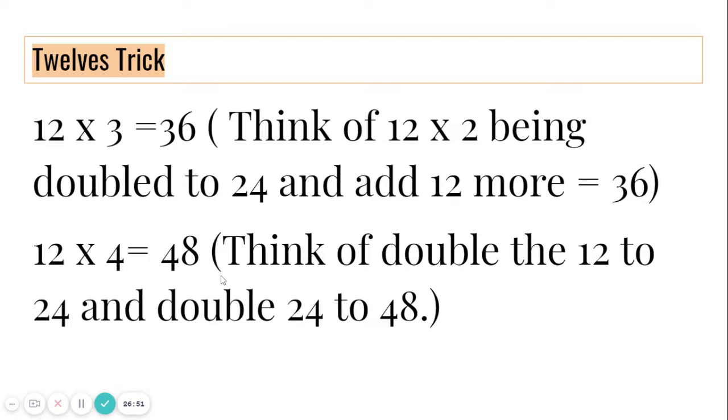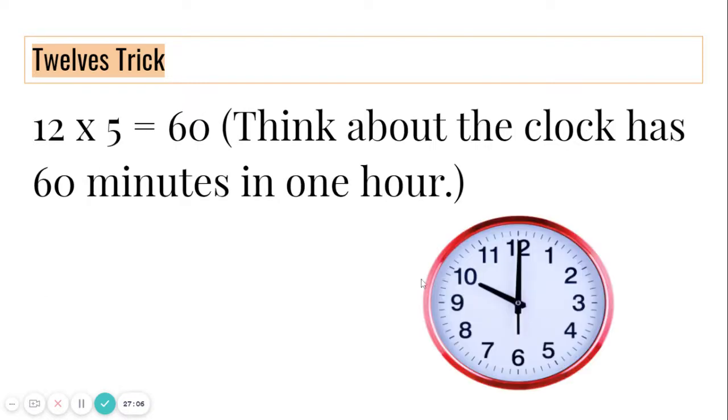Now, 12 times 4, did you think of doubling the 12 to equal 24 and then double the 24 to get you to 48? Once again, if you have to write it in the sky, you can, because it's pretty easy to come up with that. 12 times 5. Now, did you think about flipping it around to a 5 fact? If we're counting by 5s, 5, 10, 15, 20, 25, 30.